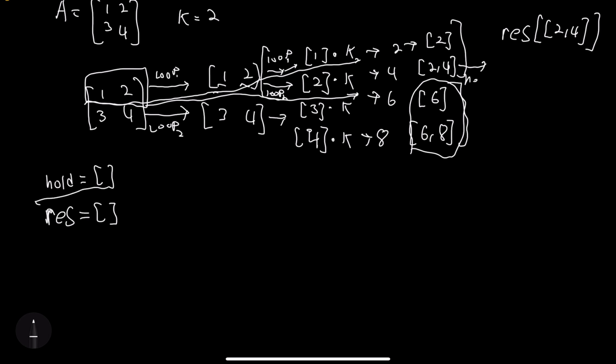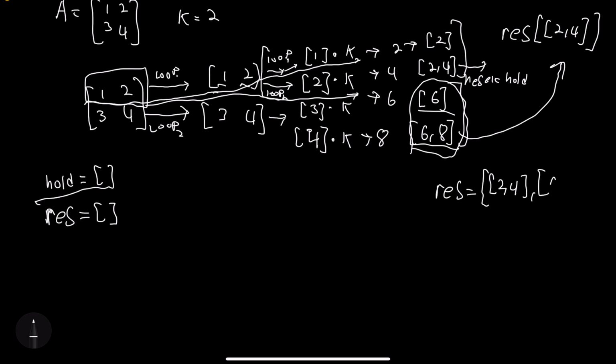So this would be reset hold, and we would get the values 6 and then 6, 8, and once that loop's done, 6, 8 would be appended to res. So the final result would look like 2, 4 and 6, 8.